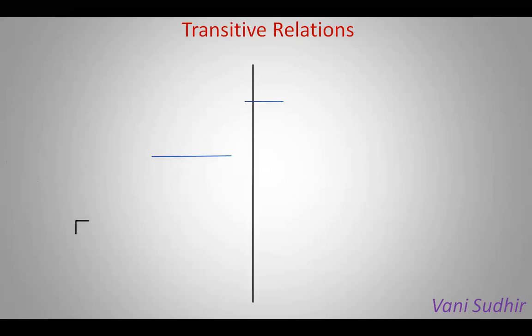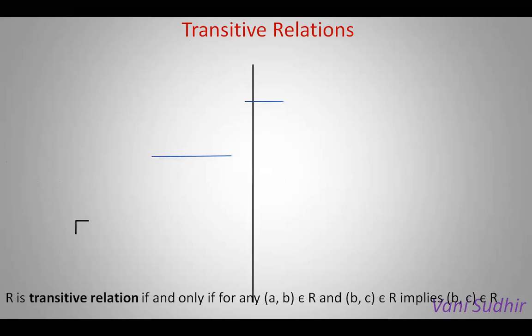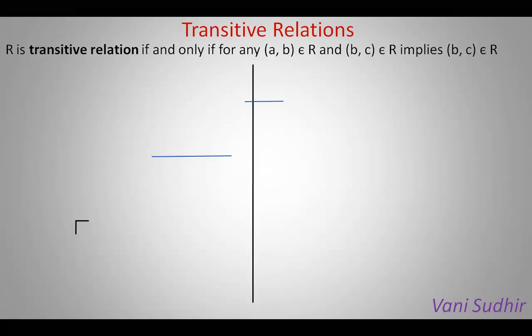Now the transitive relation will come. Transitive relation, you are unknowingly using it. Now we'll say when a relation is transitive. Take three elements A, B, C. If the ordered pairs (A, B) are in the relation and (B, C) are in the relation, then A is related to C, we have to write.